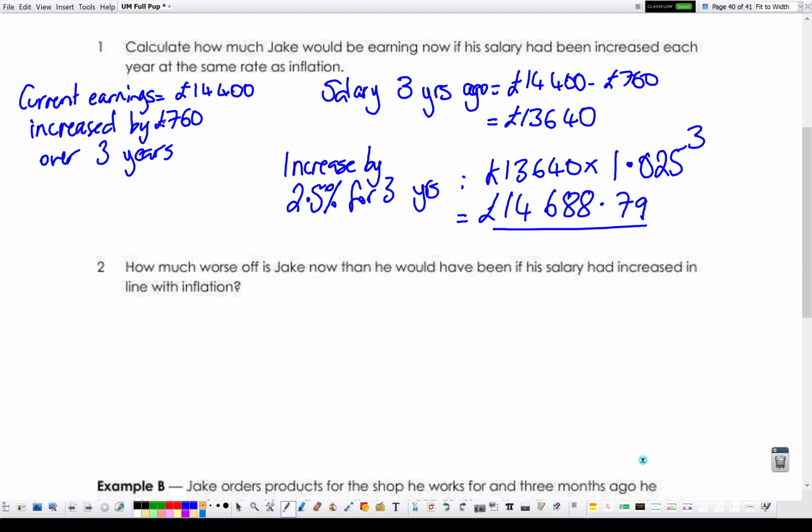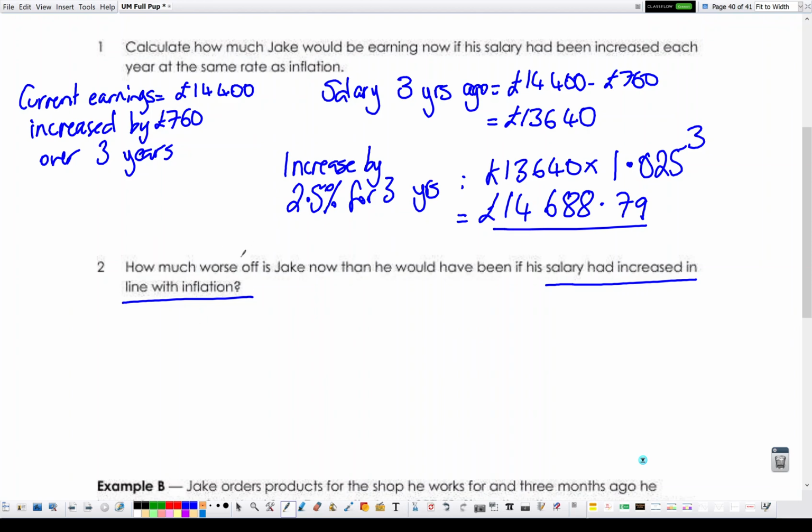Even though he's had an increase in his salary, in terms of the net cost of living, he's worse off than he was 3 years ago. So how much worse off is Jake than he would be if his salary had increased in line with inflation? You'll see that phrase quite a lot, salary increase in line with inflation. That's something that you want to happen. You want your salary to increase at the same rate as inflation, so you are able to afford basically the same amount.